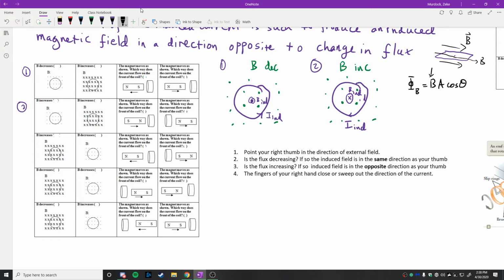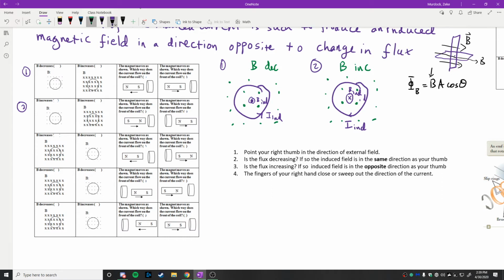But then if that same loop was rotated to a position like this, the flux has grown, right? You take it parallel with the field, and then rotate it from parallel to perpendicular with the field. That's also an increase in flux. Would you agree with that? Okay, so any of those things are ways that flux can increase: either the magnetic field increases in the region, the area increases, or the angle changes somehow.